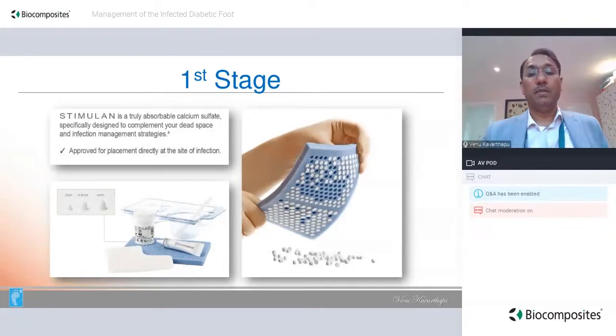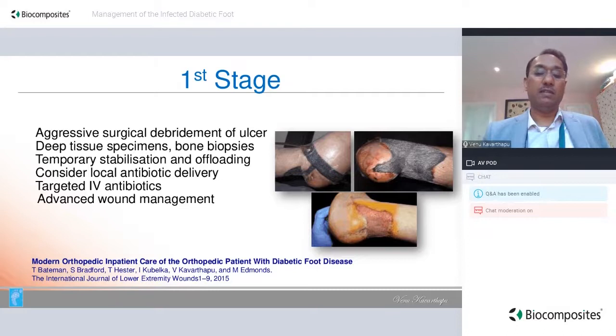Basically, it comes as a calcium sulfate powder, and you add fluid to it, and then antibiotic. There's a specific recipe for each antibiotic you can use, and then those pellets are inserted into the bone gaps or in the soft tissues.